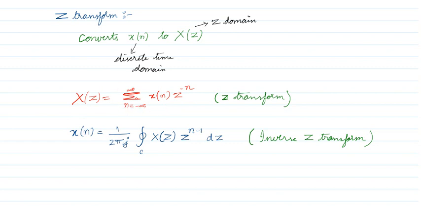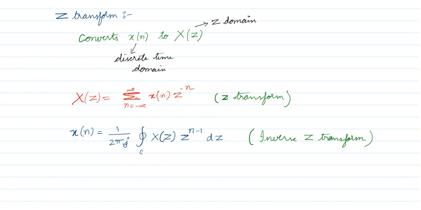What about the inverse Z transform? Inverse Z transform converts from Z domain to time domain. So I have a capital X of Z, and I will be converting that into small x of n, that is the discrete time domain. I will be using this relation, but mathematically, in maths, you will be using this relation to take the inverse Z transform.